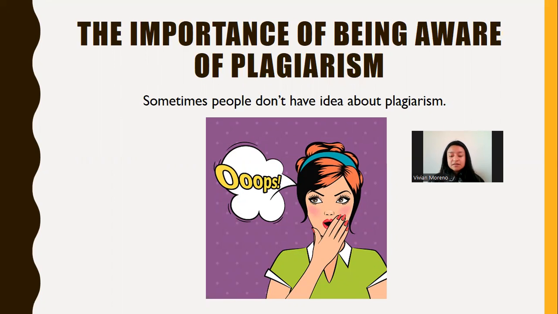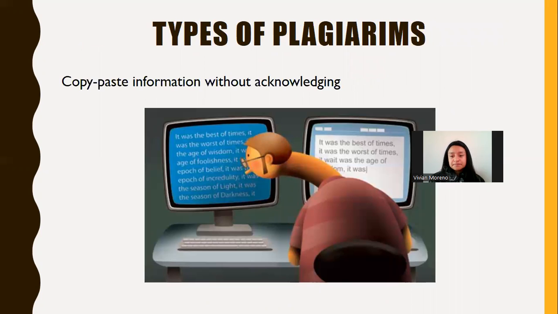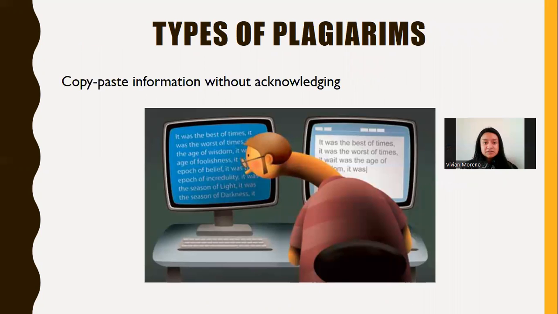So this is why we need to know which are the types and how we can avoid it, so that we can carry out good academic assignments, since when we do research, we are analyzing information from other sources and we are using it. So how can we avoid committing plagiarism?